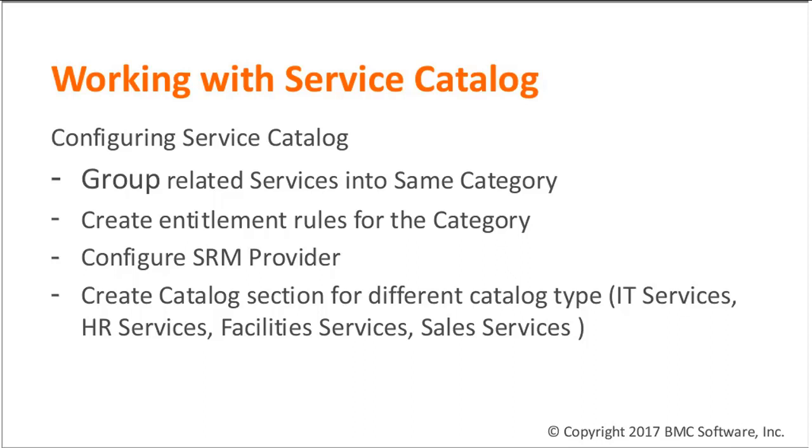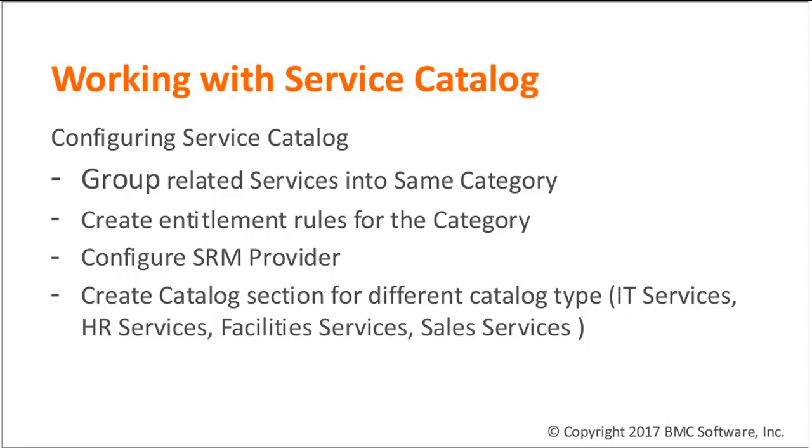The best practice here is, even though we support mapping different SRDs from different categories, it's easier and better to manage, and even from a performance perspective, what we recommend is to have a one-to-one mapping, or maybe even 2 or 3 categories in SRM mapped to one catalog section in Digital Workplace, rather than creating a catalog section with 10 different SRDs from 10 different categories.